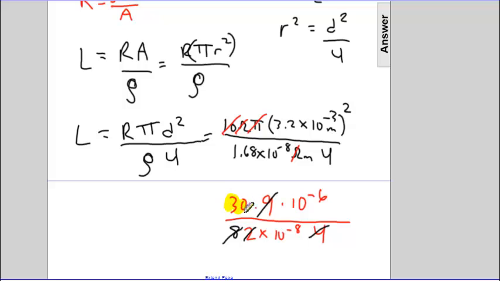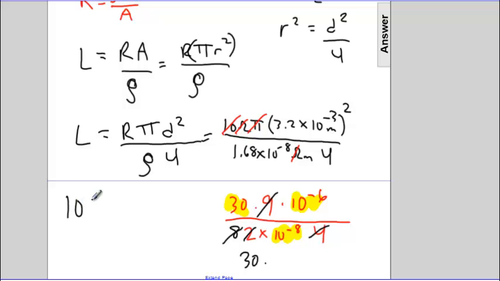So that will leave us with, let's just highlight what's left. We're left with the 30. We're left with the 10 to the negative 6 and the 10 to the negative 8. We're going to be off by quite a bit in this approximation, but we'll round it to the nearest order of magnitude. That's how I'll bail myself out. So what is 30? We'll just write that out there. That will be 30. And then what is 10 to the negative 6 divided by 10 to the negative 8?